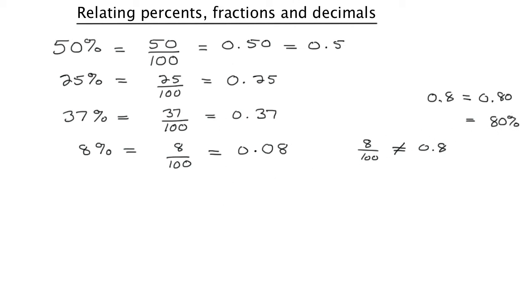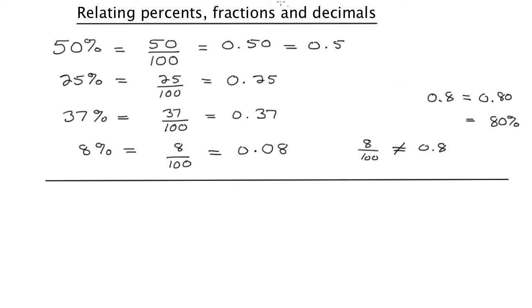Don't make that mistake. All right, let me draw a line across the bottom here, separate this out a little bit. I'll give you a few things to try out. So to start off, and I'll use the same format I've been using in this lesson, let's go with 23%, and you tell me what that is as a fraction and what that is as a decimal.